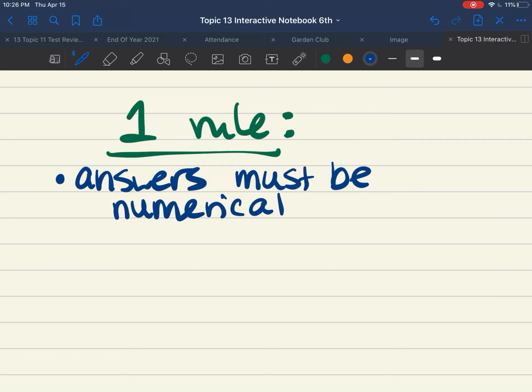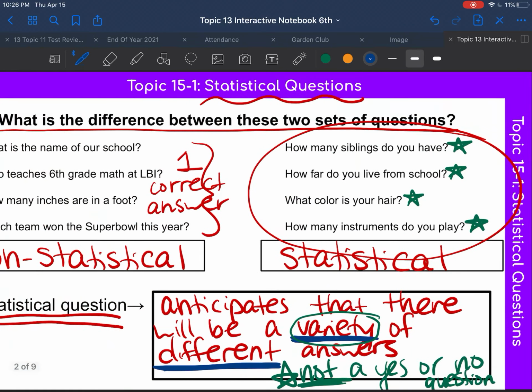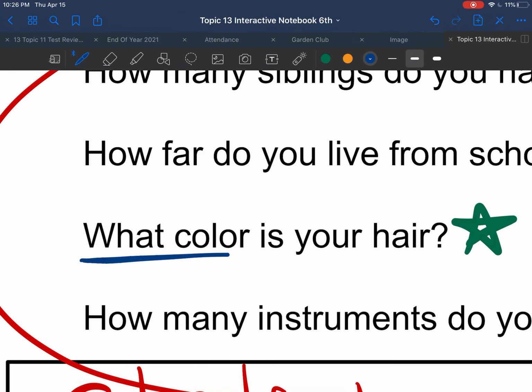And what I mean by that is we are going to be analyzing things, adding things, subtracting things, dividing things, multiplying our data. And in order to do that, we need to have numbers, okay? So I don't want you to ask a statistical question of what color is your hair, because yes, it is statistical, but you can't find the average of the number of blonde, because it's impossible to do that.